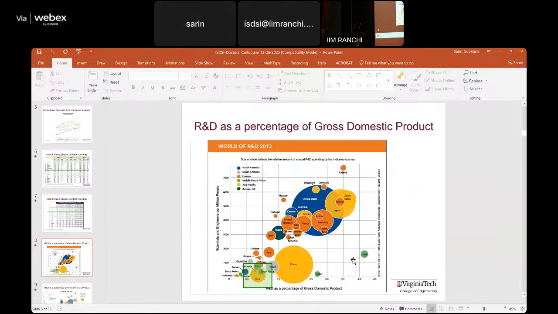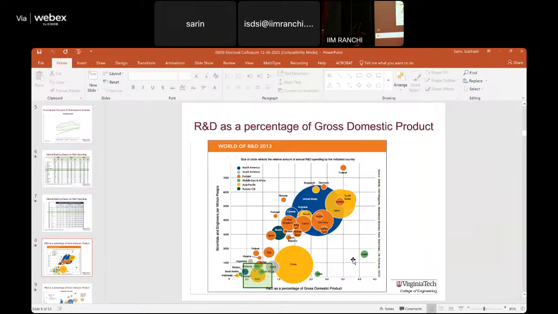To give an idea of how the research intensity relates to the number of scientists and engineers working on different research projects over the years, this is a nice reflection of that, and you can see what's happening in different countries. So you see the blue circle here, that's for the US.